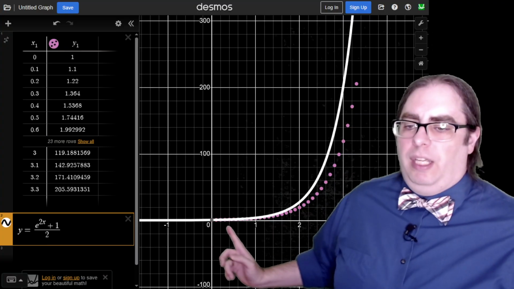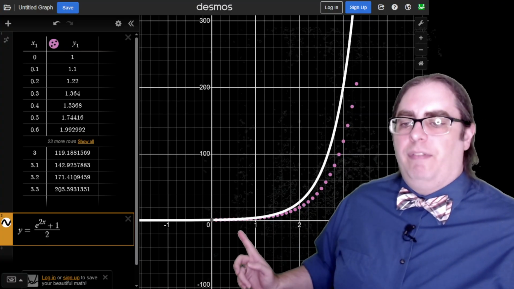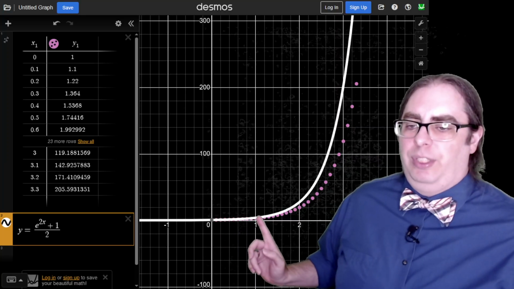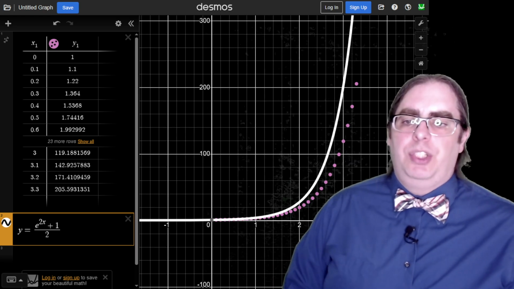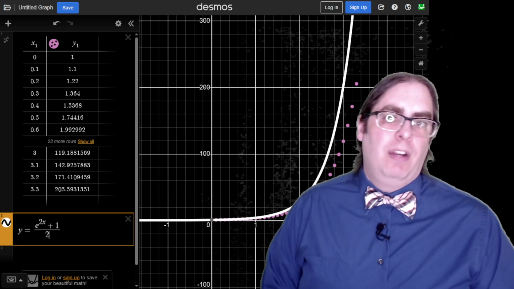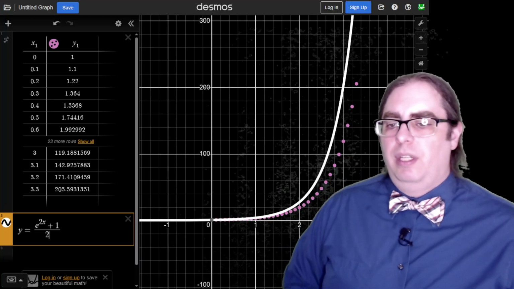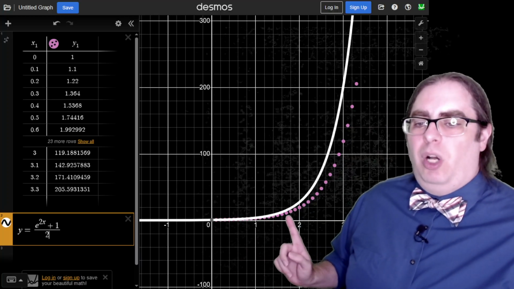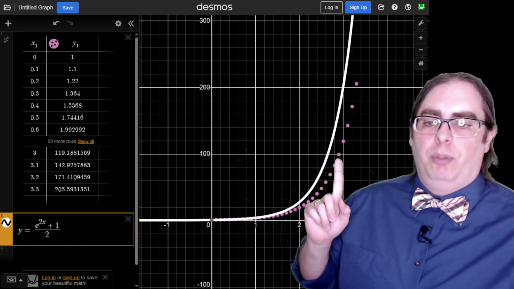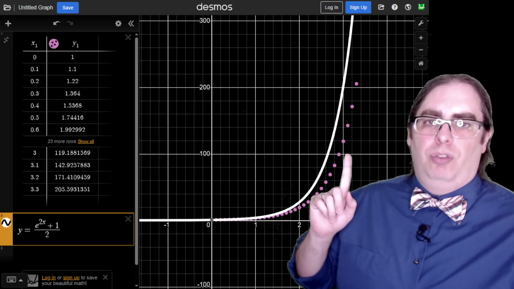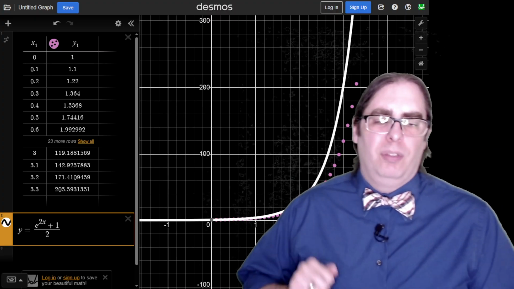If we zoomed in, and I'll do this in a minute, if I zoom in and just look at the region here, about from 0 to 1, our approximation and the graph are going to be in very close agreement. But as we continue onward, the agreement between the actual solution and our numerical approximation gets worse and worse.